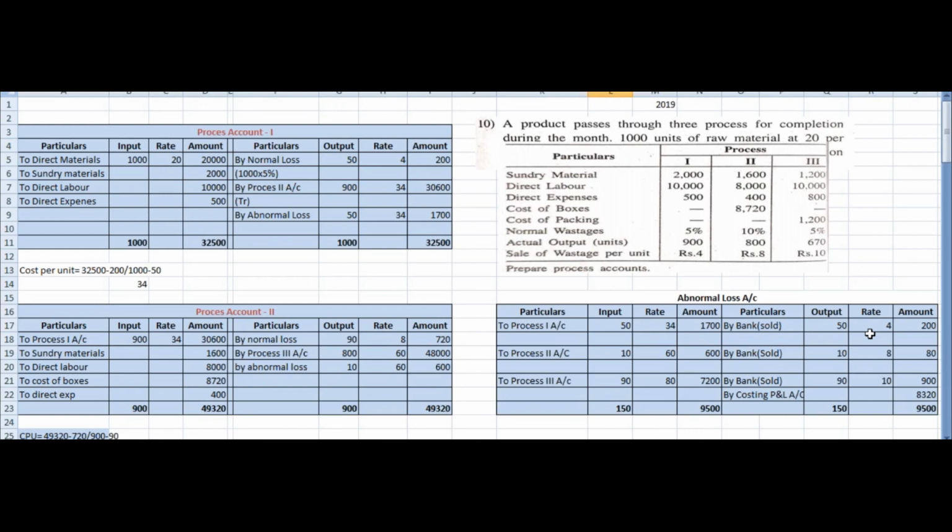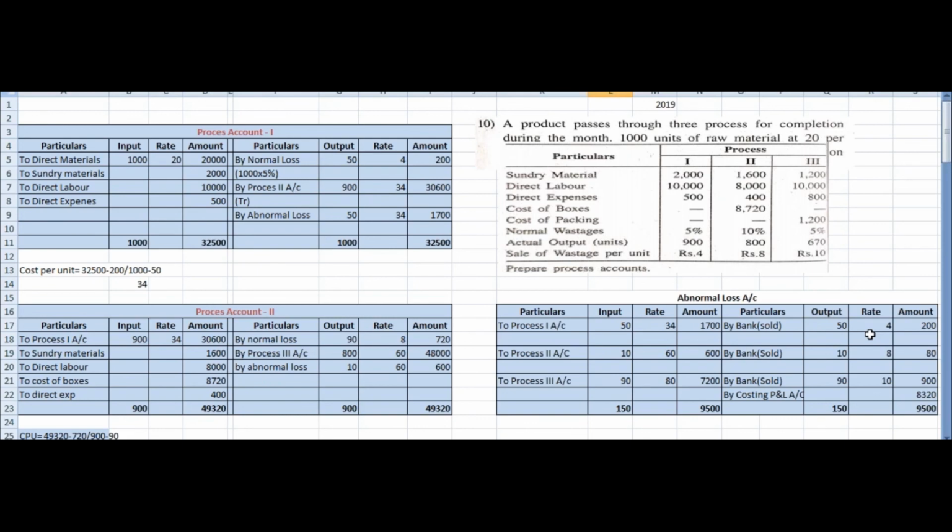In process costing, two types of questions come to you. This was one type. One more type is byproduct and joint product. You will get two questions in the question paper from process costing. If this kind of question is clear to each one of you, then I will go to the second type.